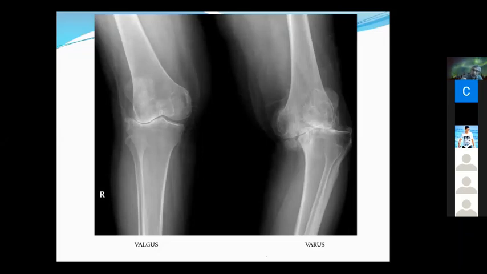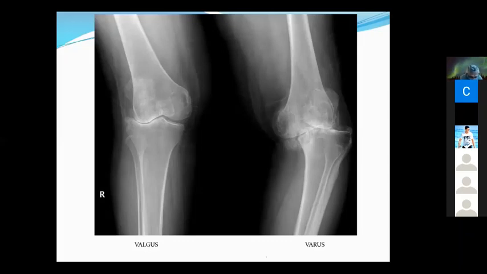From the back, posterior capsule, lateral head of the gastrocnemius, plus minus, sometimes popliteus. So everything on the lateral side is contracted in a valgus deformity. Also, you don't want to release too much on the medial side because everything is stretched. So you keep all your releases onto the lateral side.